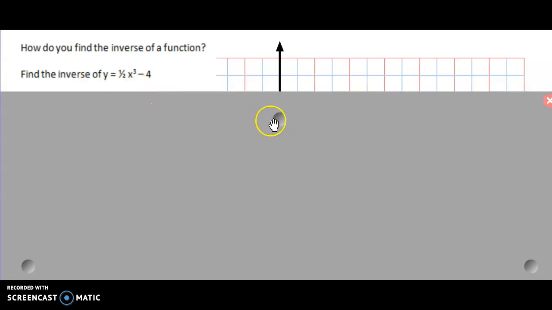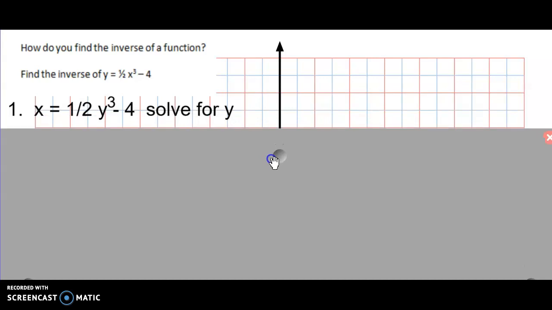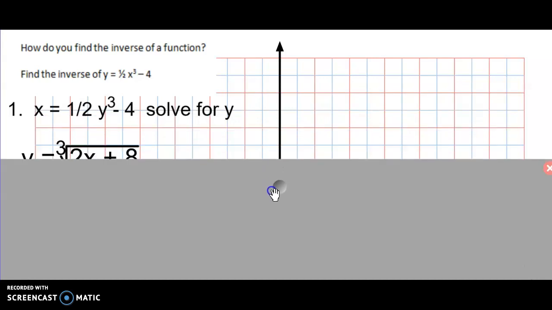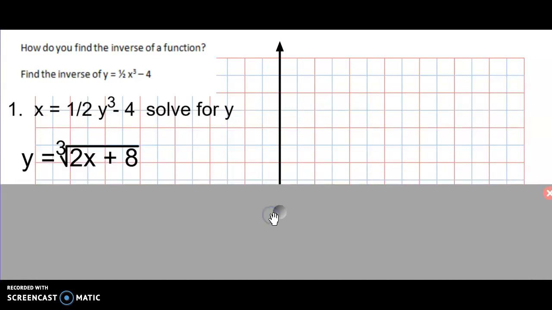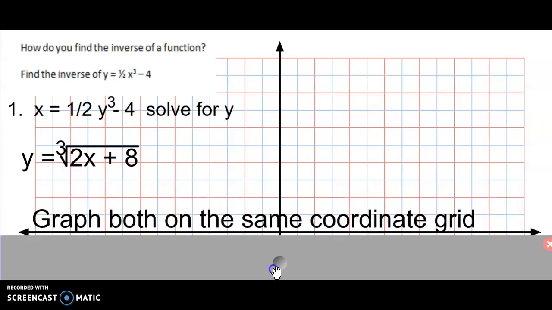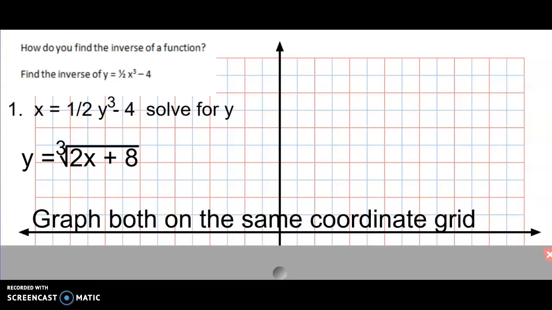We replaced x with y and y with x, and solved for y. We said the domains and everything were switched, right? The domain of one function was the range of the inverse, and the range of the function is the domain of the inverse, but it was just the reverse.